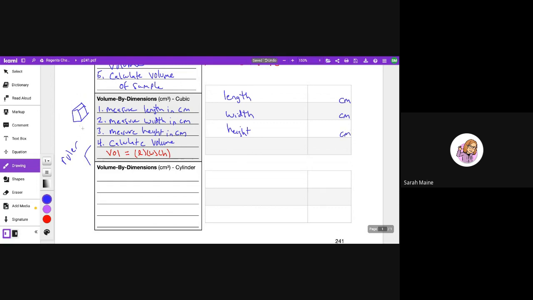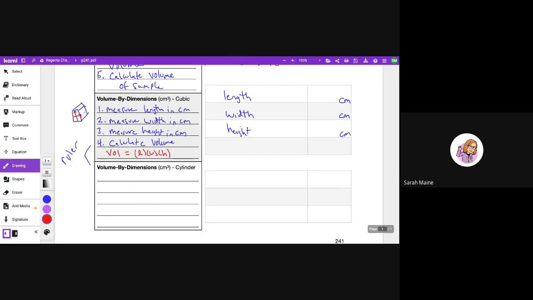And so here's the thing, when you're looking at your object, I like to place it in front of myself, and I will do one direction as the length, another direction as the width, and then I need my third dimension for my height.